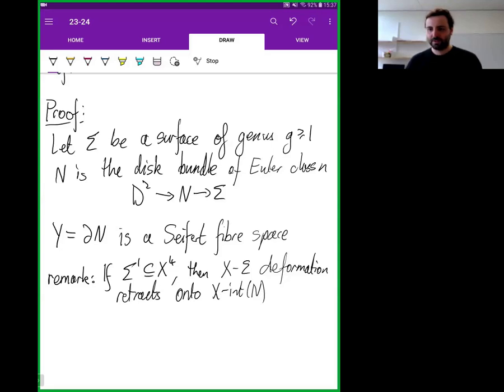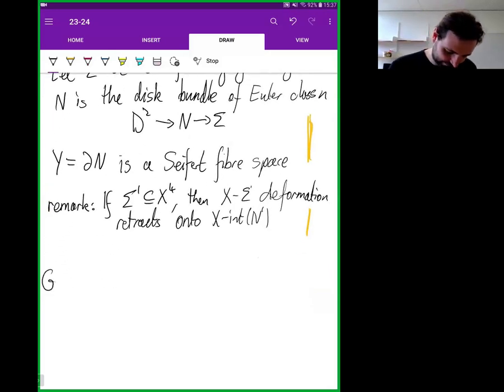Above, I was thinking of the abstract picture, just an abstract surface, and in this remark I'm thinking of everything living inside some ambient four-manifold that's closed and simply connected. I'll switch between these perspectives a few times and try to make it clear when I do. The notation might be a bit loose, so that should be a prime, and I'll put a prime there. Hopefully it'll be clear anyway.